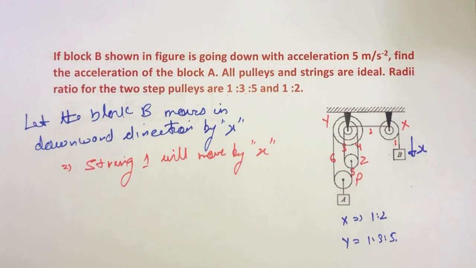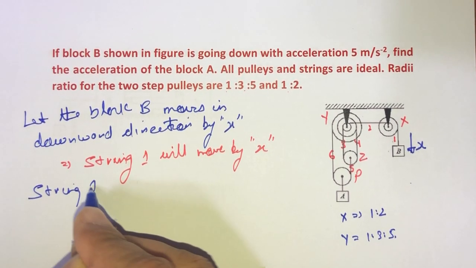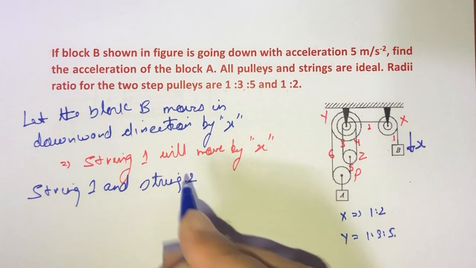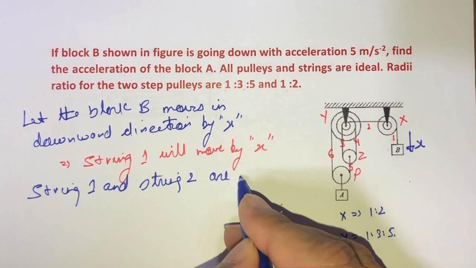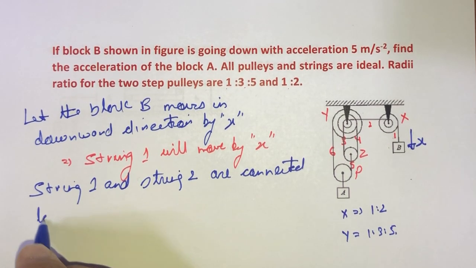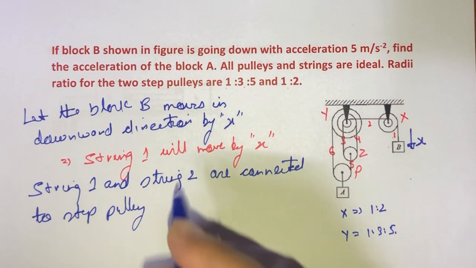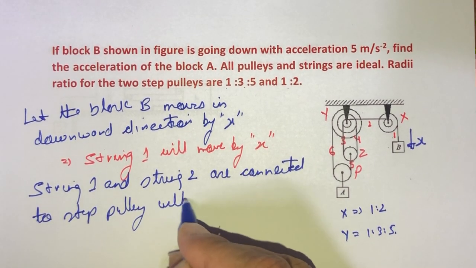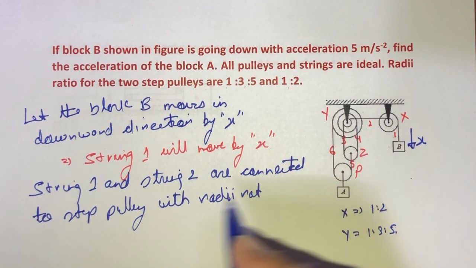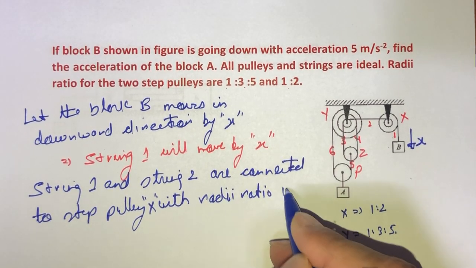So string 1 and string 2 are connected to step pulley X with the radii ratio 1:2.